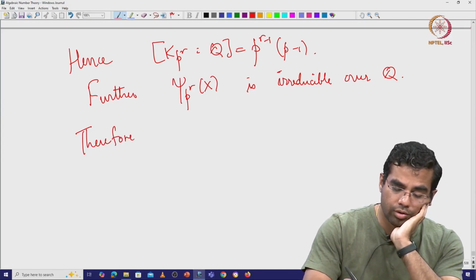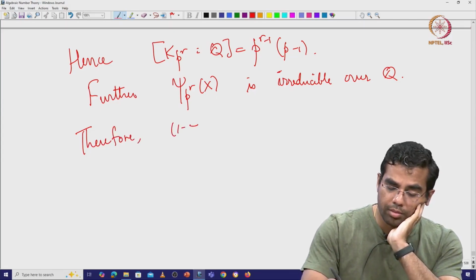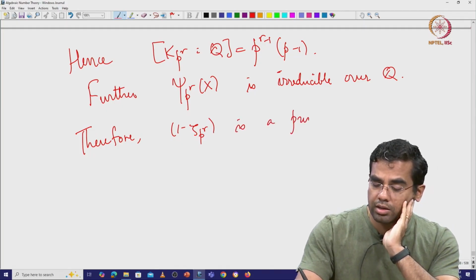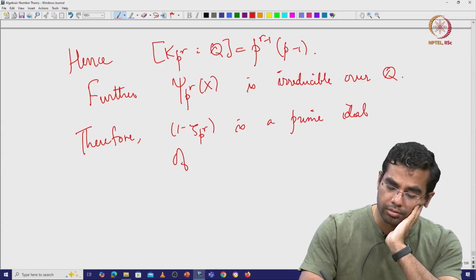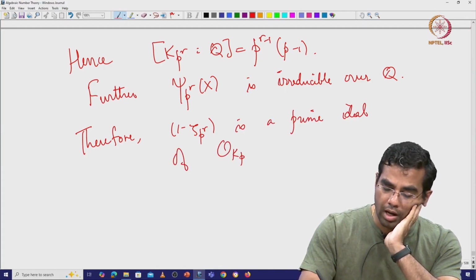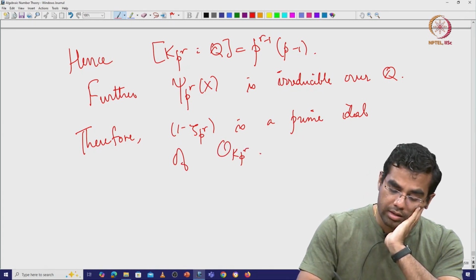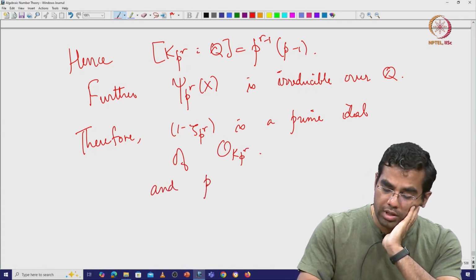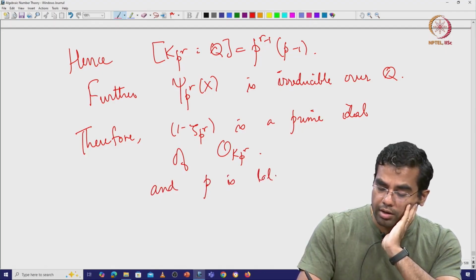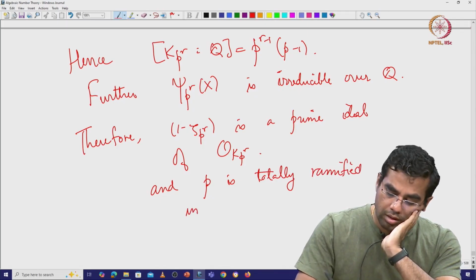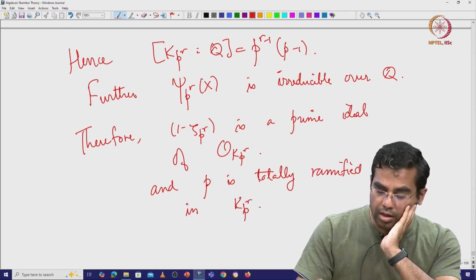So, therefore, 1 minus zeta p to the r is a prime ideal of O_K p to the r, and p is totally ramified in K p to the r.